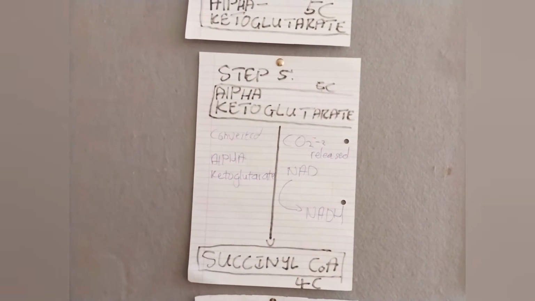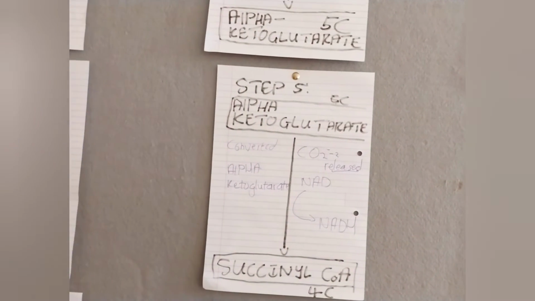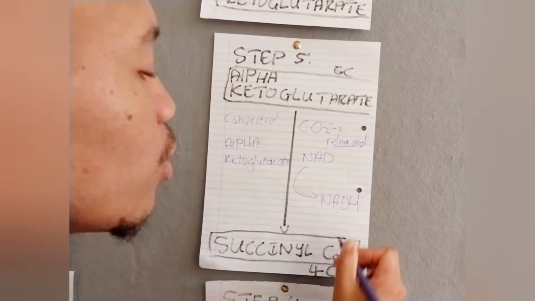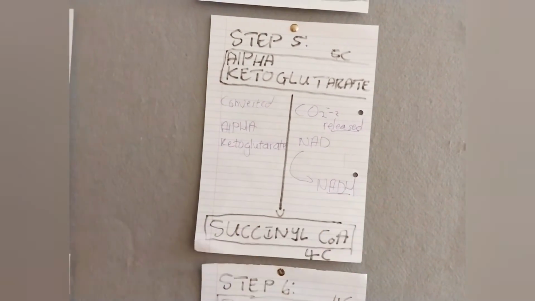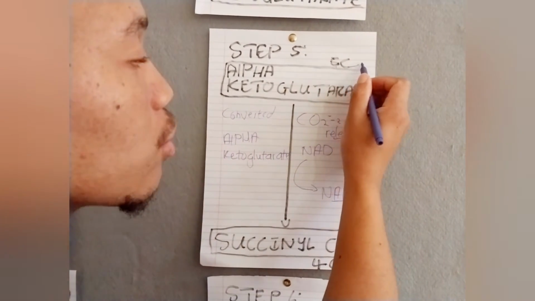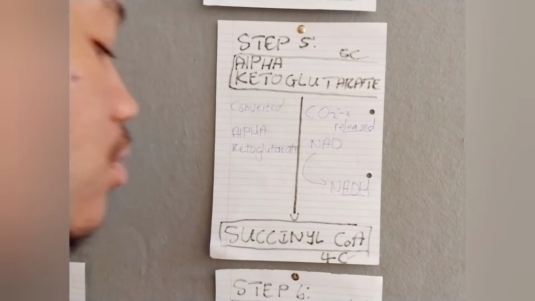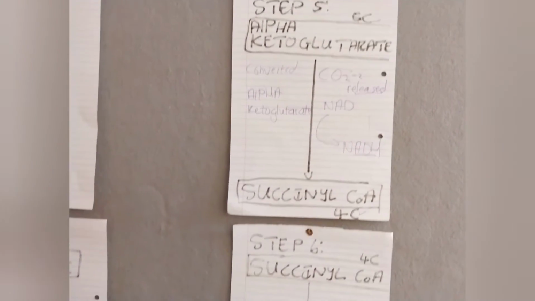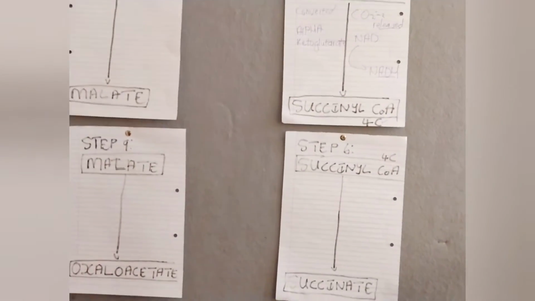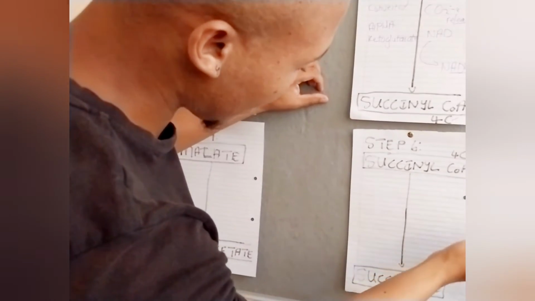In this fifth step, CO2 is released, and NAD is converted into NADH. Let's not forget that alpha ketoglutarate has 5 carbon compounds, and then succinyl CoA has 4 carbon compounds.